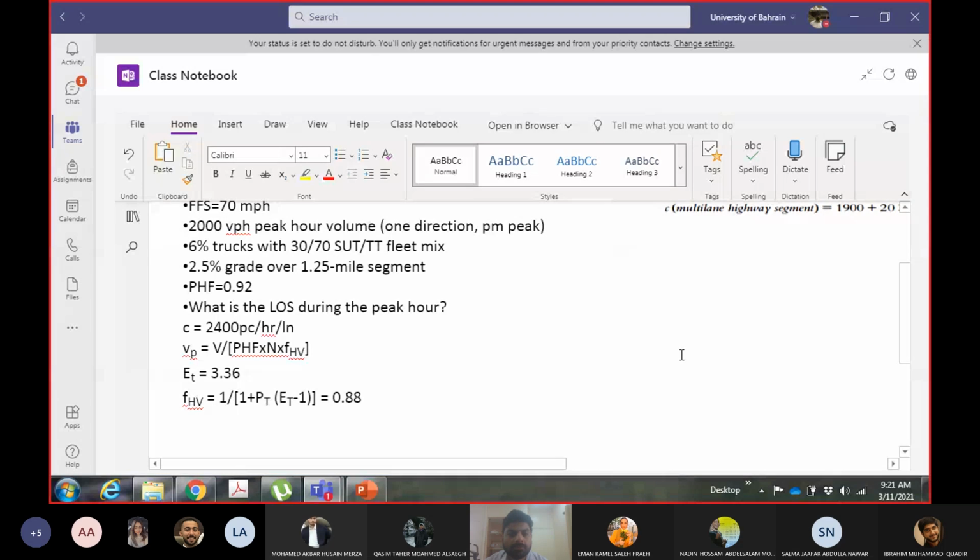So how much is VP? 2470 passenger cars per hour per lane.